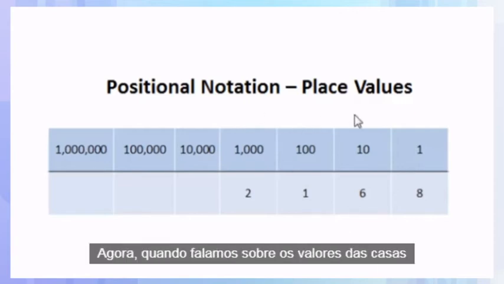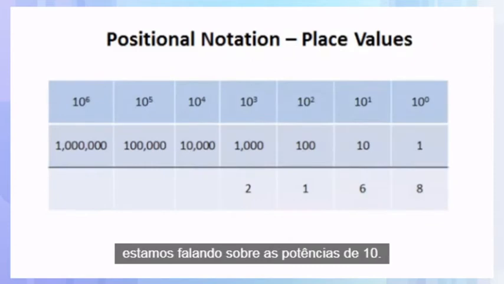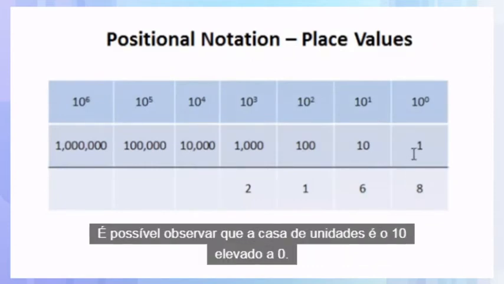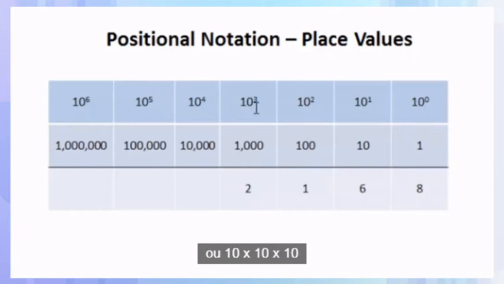Now when we're talking about the place values in the decimal number system, we're talking about the powers of 10. You can see that the ones place is 10 to the 0, the tens place 10 to the 1, the hundreds place 10 to the 2, or 10 times 10, which is 100. The thousands place is 10 to the 3, or 10 times 10 times 10, and so on and so forth.